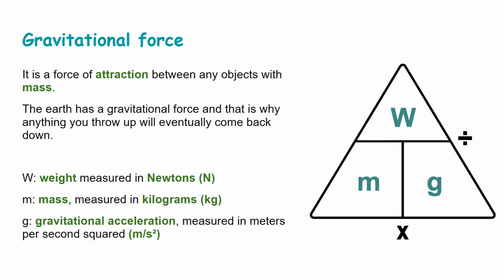Weight is affected by the gravitational force that exists. The G stands for gravitational acceleration and is measured in meters per second squared. As stated above, it is different on different planets and other astronomical objects.